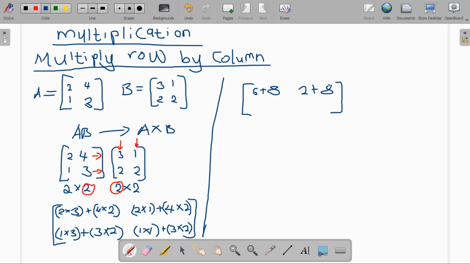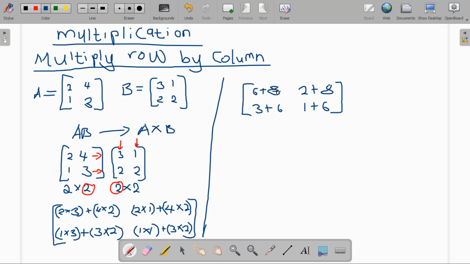Okay, again down, 3 times 1, it gives us 3, plus 3 times 2, it gives us 6. 1 times 1, it's 1, and then plus 3 times 2, it gives us 6, so that's what we have.